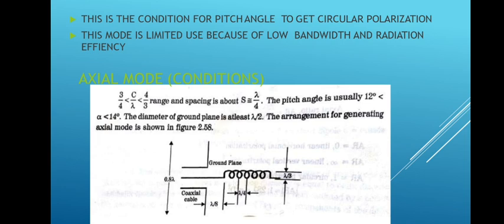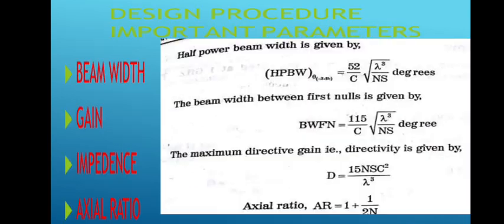This mode of operation is more practically used, and what are the advantages? First, the design procedure: the important parameters we take into account for designing an axial mode helical antenna.